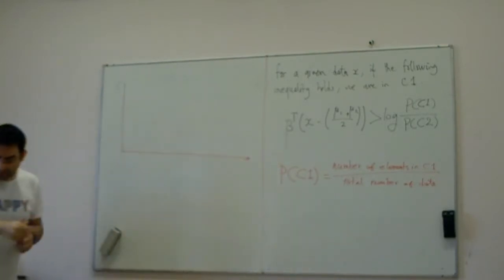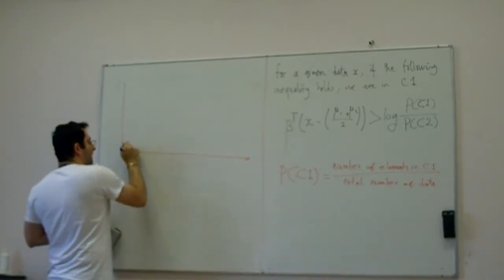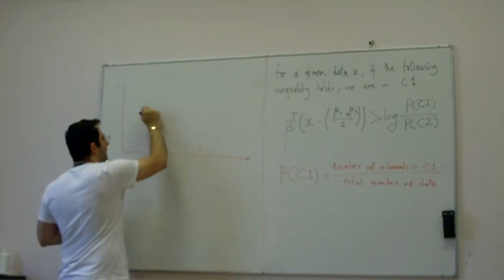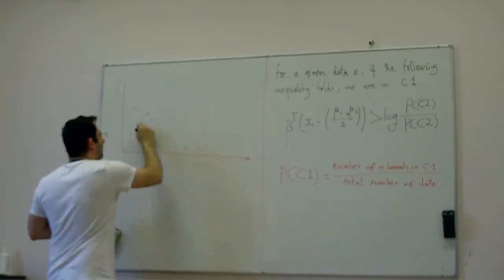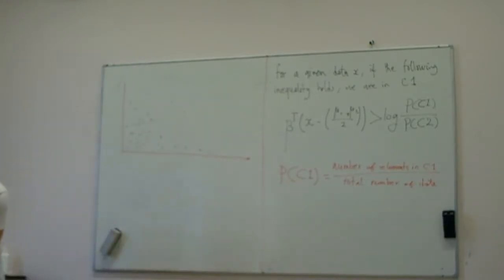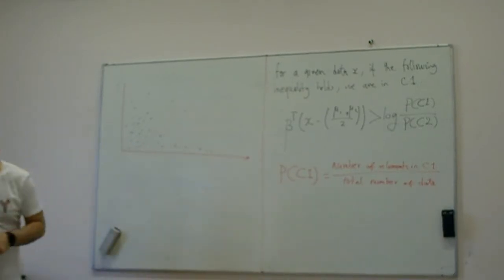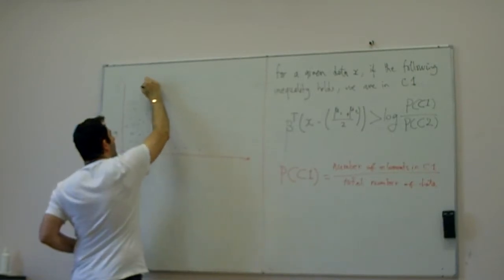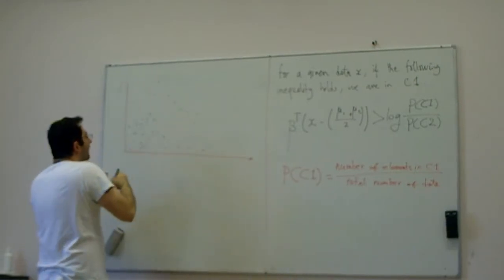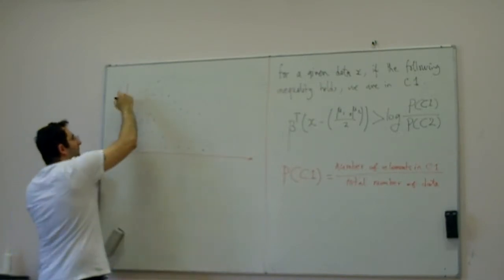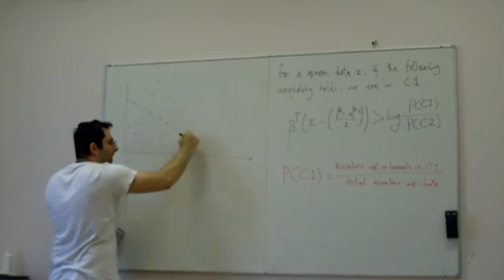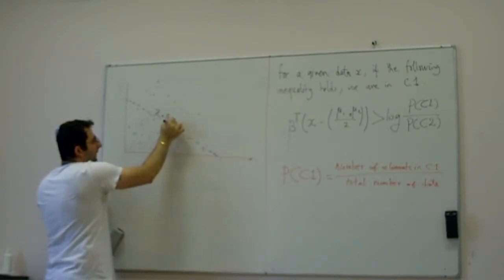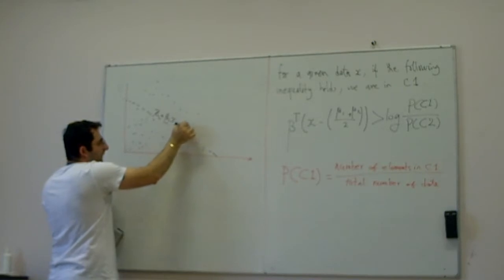And they have the blue and green data. And when we draw the line, it will be like this type of line. Then Z is equal to beta 1 x1 plus beta 2 x2.